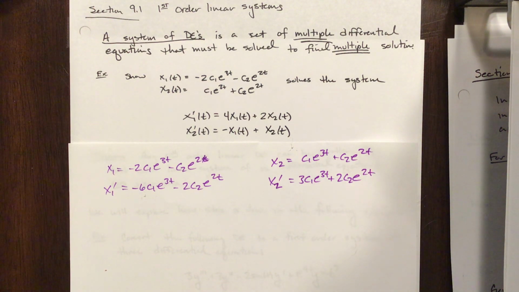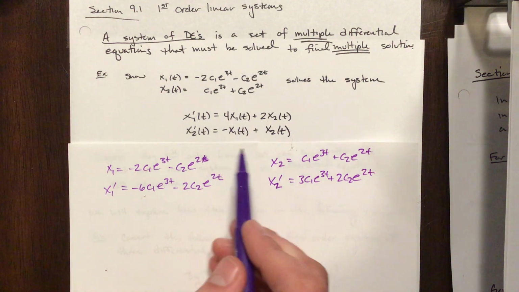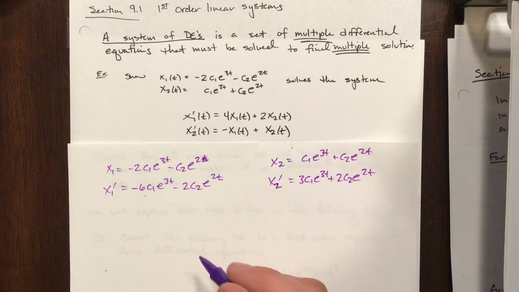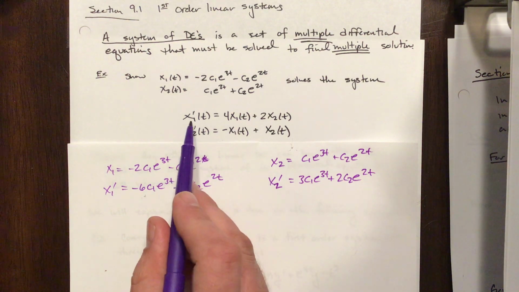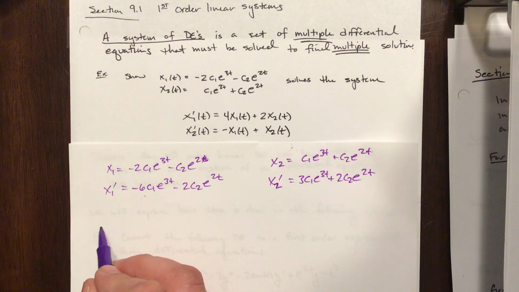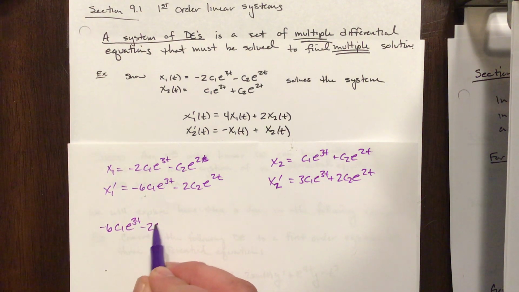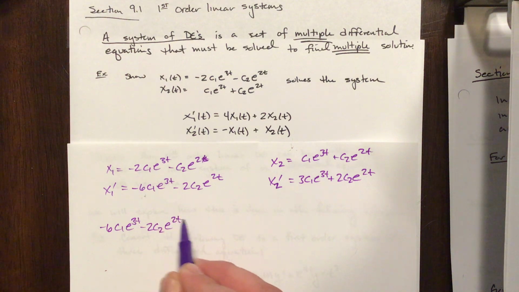Okay, now that we have each of those, we can substitute them into the set of differential equations and confirm that the left side is equal to the right side. So x1 prime is minus 6c1 e to the 3t minus 2c2 e to the 2t.